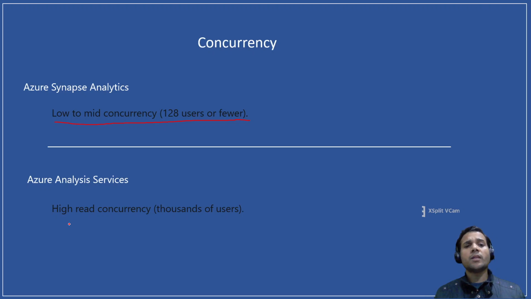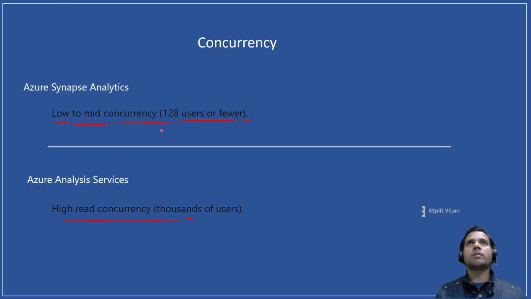For example, if you have a model stored either in Analysis Services or in Synapse Analytics, and you are creating a Power BI report on it, if the model is stored in Synapse, then that report cannot be accessed by more than 128 users at a single point of time.